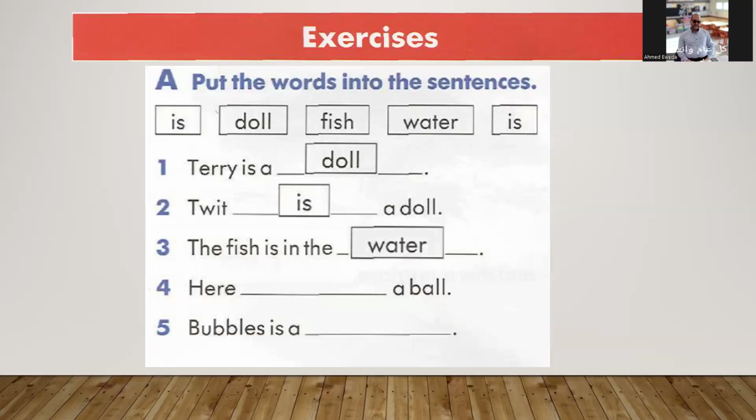And number four, here is a ball. The last one, Bubbles is a fish. This exercise is good for giving the words in a meaningful context, to use the words we have learned like fish, doll, water, and ball.